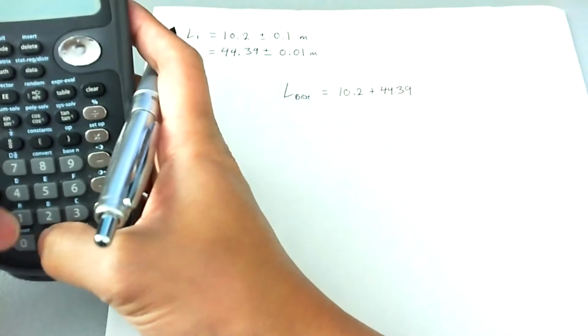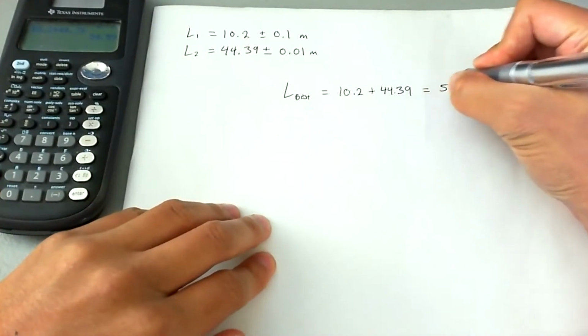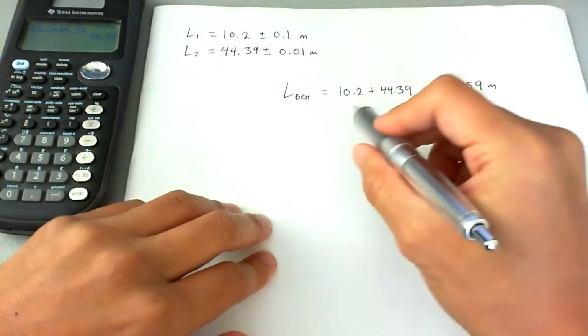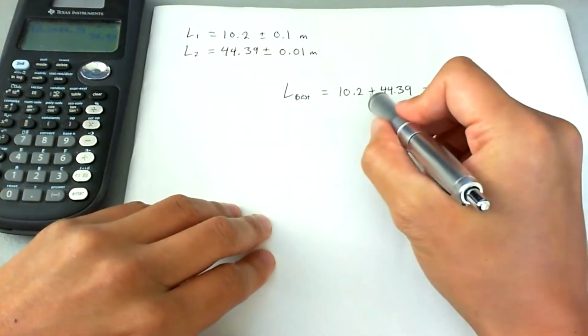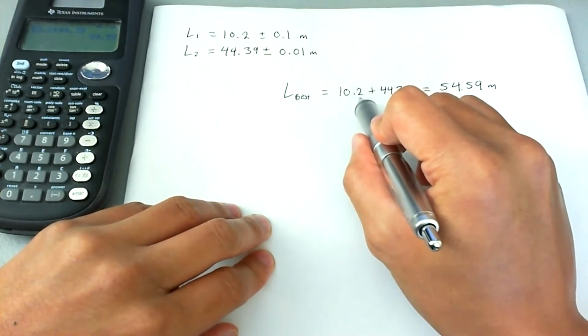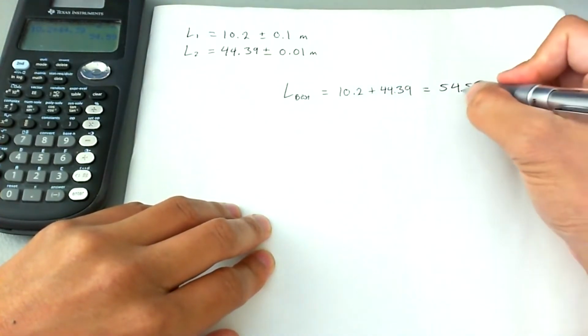Calculation, that's going to be 54.59 meters. And if you're doing an addition, you want to take the value with the least amount of decimal places as the final answer's value.